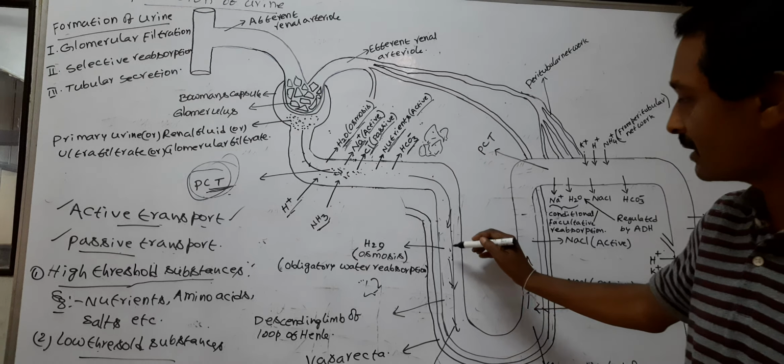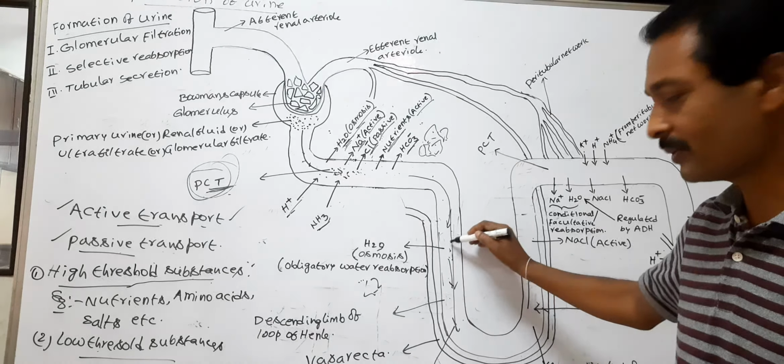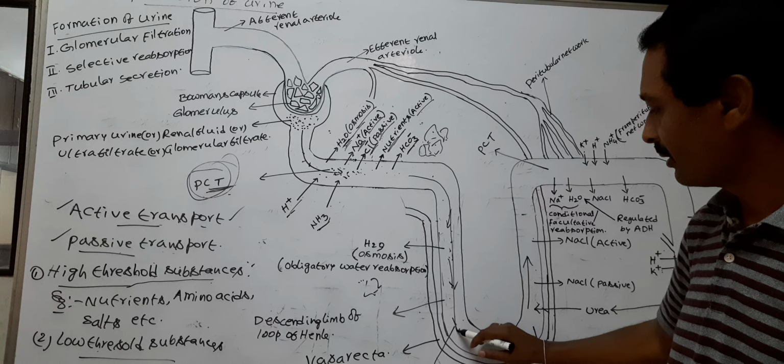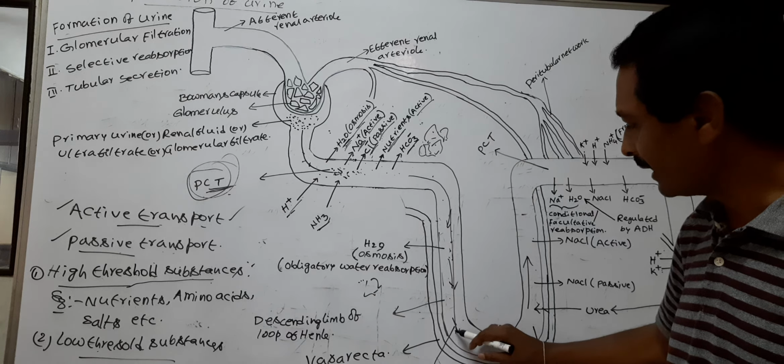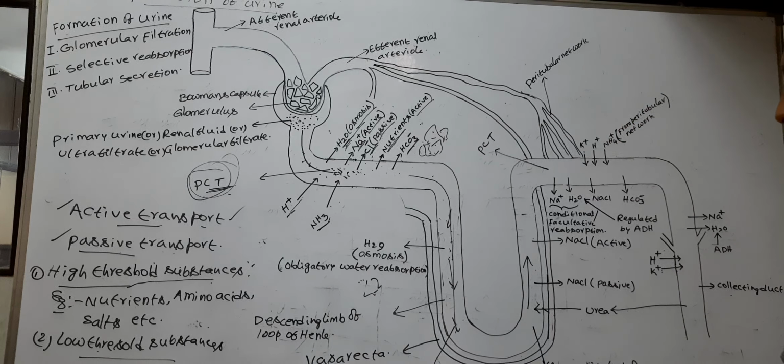So the concentration of primary urine is increased, with the maximum increase at the end of the descending limb of Henle.